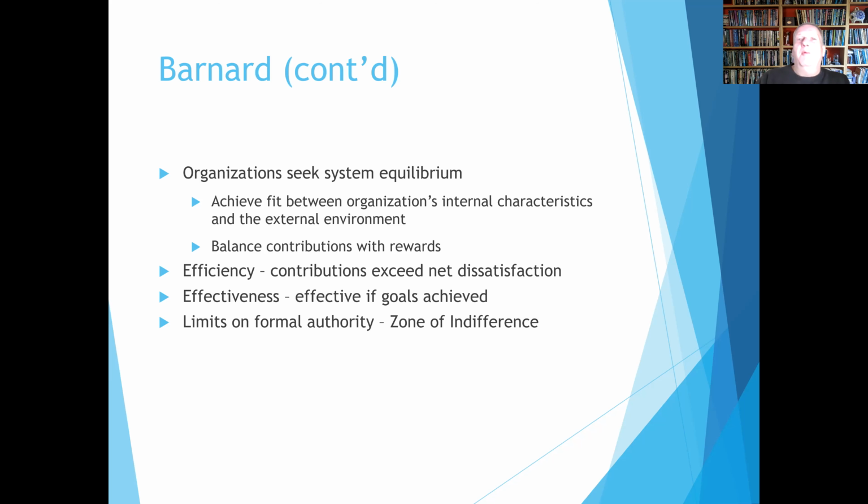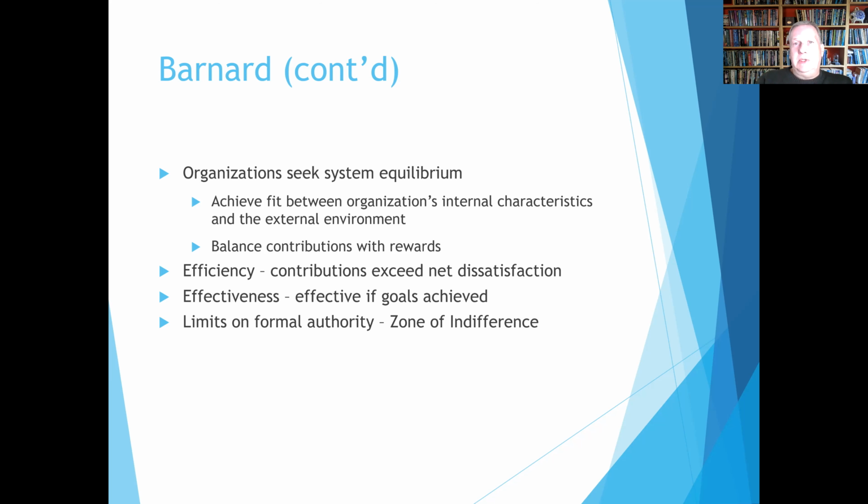So you need to keep your employees satisfied so they'll be motivated to continue providing those contributions. How do you satisfy them? You satisfy them by providing the correct set of selective incentives that will motivate them to then provide those contributions. An effective organization is then defined as an organization's ability to achieve its goals. And again, here, the primary goal of any organization is going to be organizational survival.